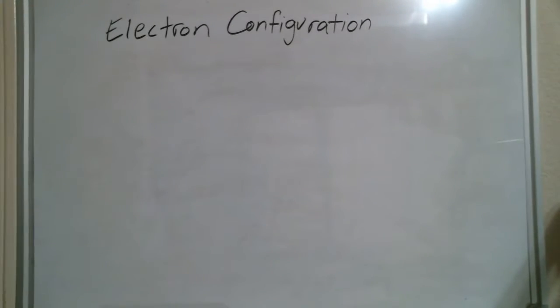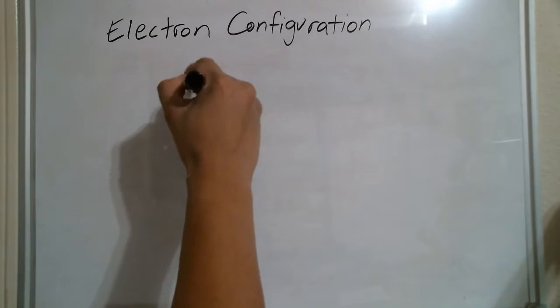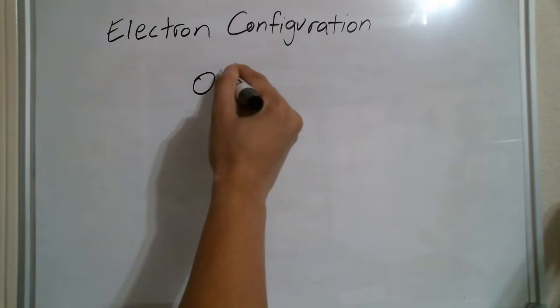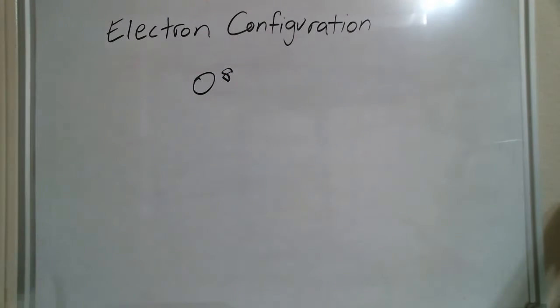Now let's go on to a tougher example. Let's try oxygen. We know the atomic number is 8. With an atomic number of 8, how many electrons should oxygen have?